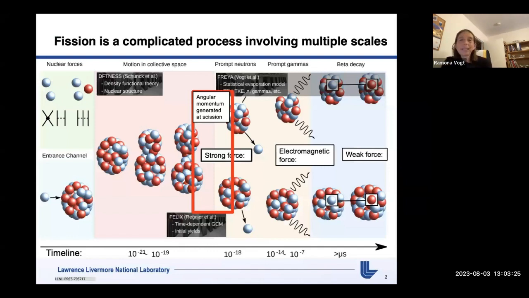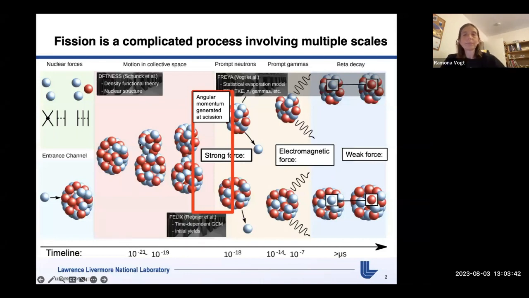So fission is a really complicated process that involves multiple scales and different forces. What Kyle was talking about was just this left-hand part over here.